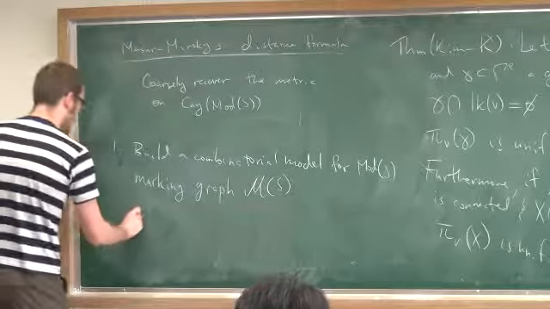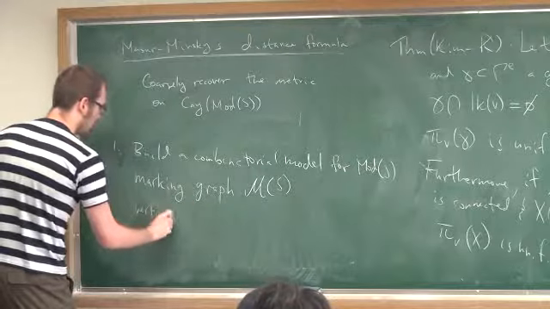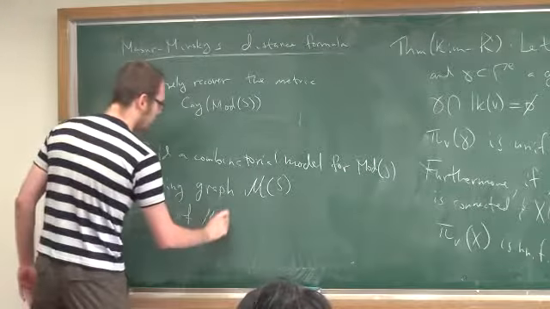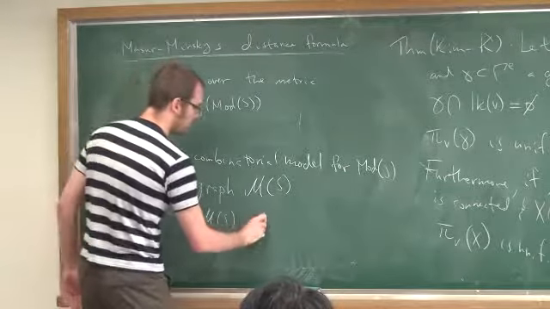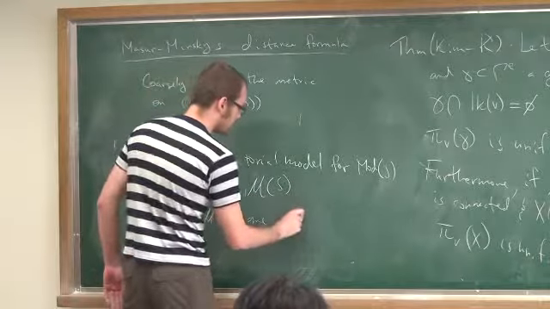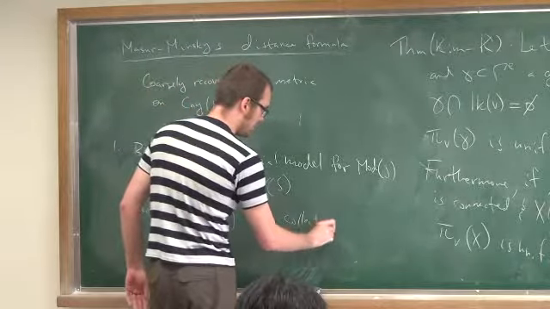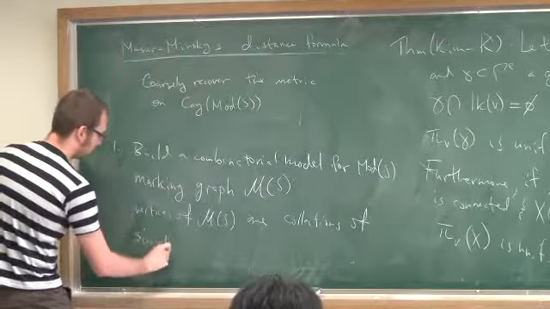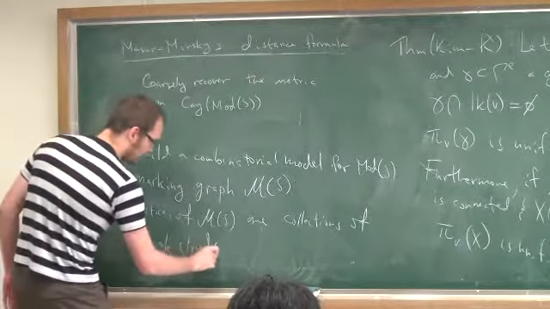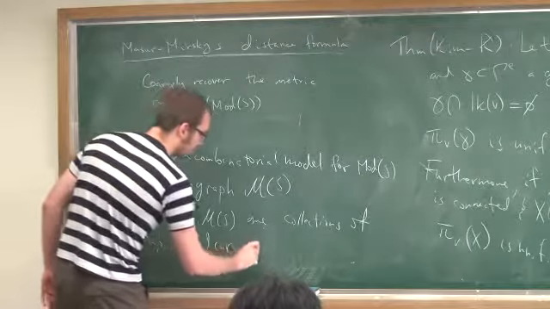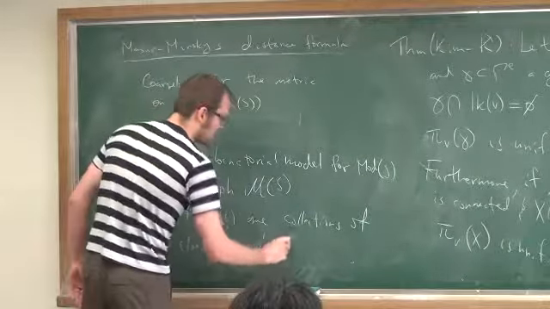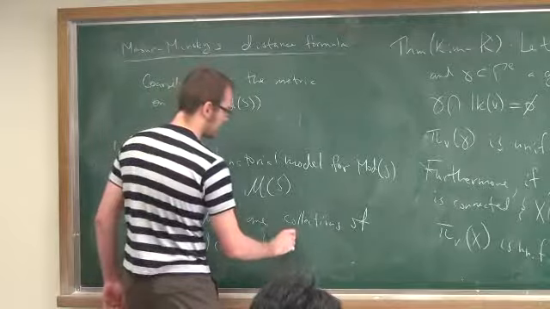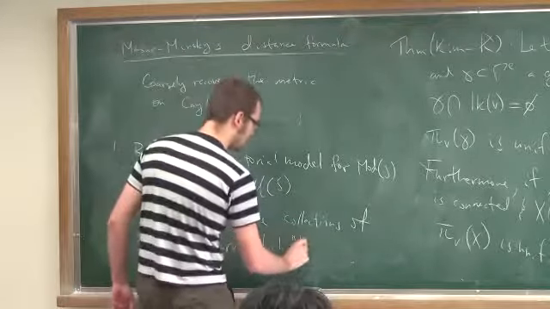So the vertices of the marking graph are collections of simple closed curves which, in some sense, I'm not going to give precise definitions of this because it would take too much time.